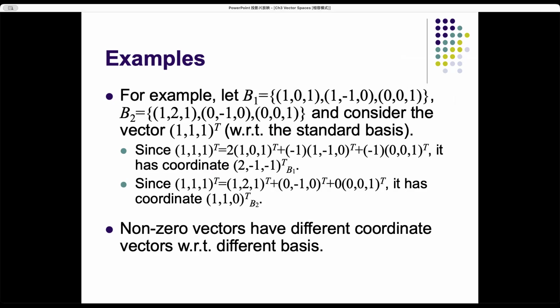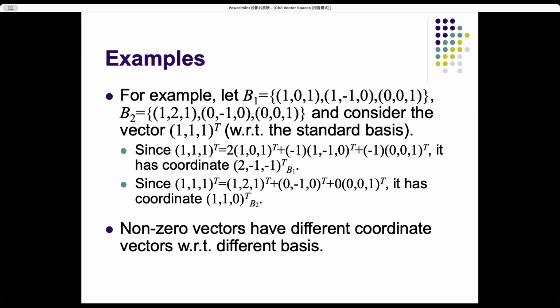Let's show some examples. B1 is (1, 0, 1), (1, -1, 0), and (0, 0, 1). This is the first basis. The second basis is (1, 2, 1), (0, -1, 0), and (0, 0, 1). So these two are bases. Of course, you have to show that they are really bases for R3.